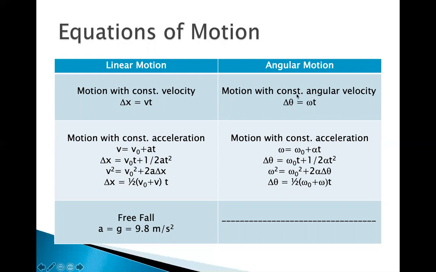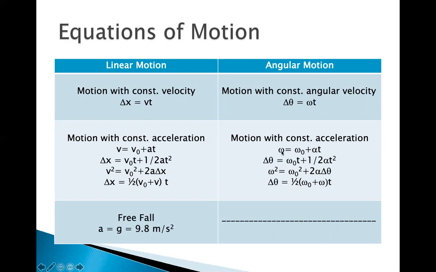You see the similarity between the two. The second type is one-dimensional linear motion with a constant acceleration, and we have these equations. For motion with a constant angular acceleration, the equations are all similar.